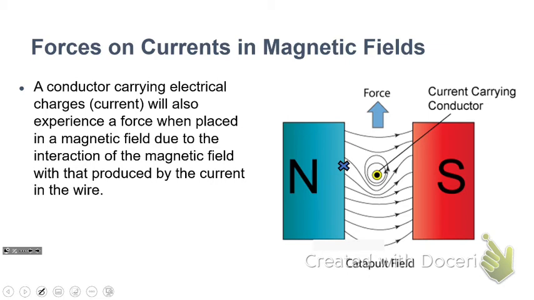Okay, so you guys need to know what is going to happen on wires when it's in a magnetic field. So if we have a magnetic field and a current carrying conductor, what direction is the current going in?